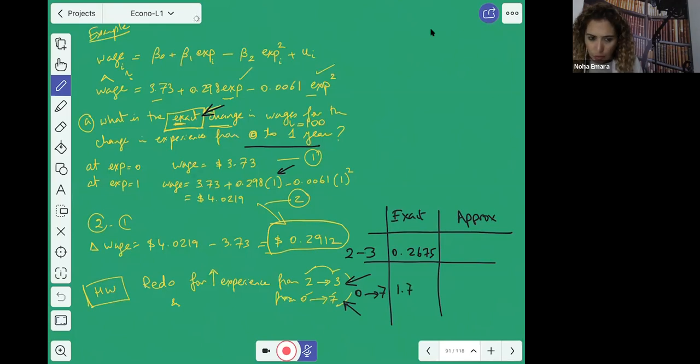Actually, I have a few decimals difference. Okay. Dan, did you get the answer for the exact changes? Type in the discussion forum. Okay, for the approximate, what are your answers for the approximate?